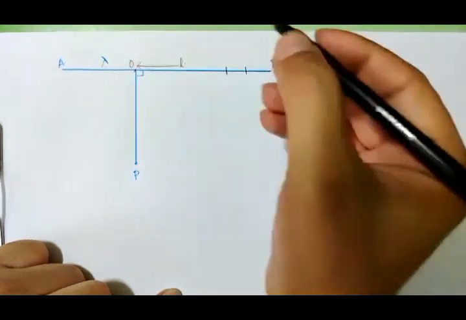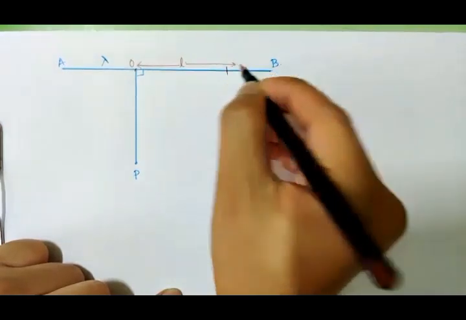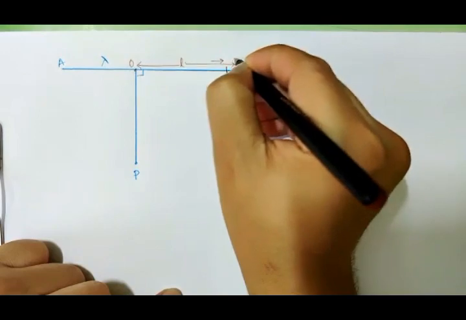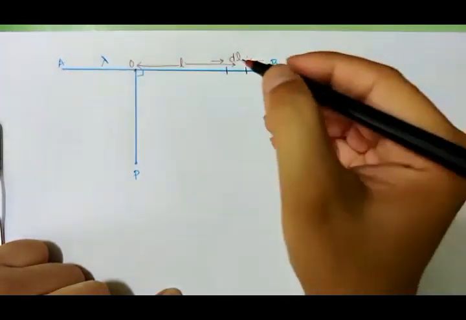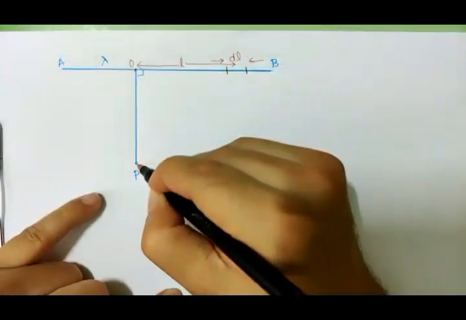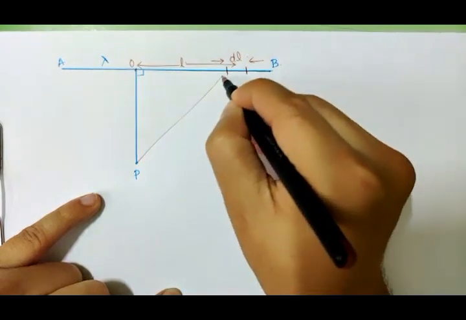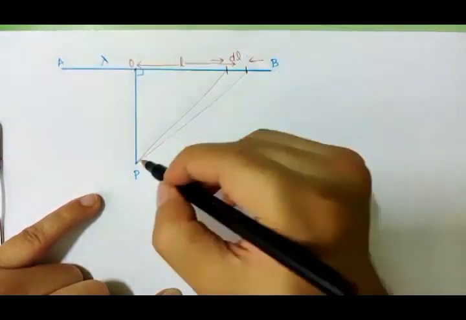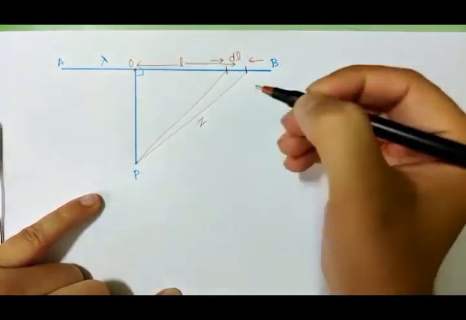We'll call this point O. The length of this section, I've taken it to be equal to dl. And then I'll join this. The distance of this section from the point P, I've taken it to be z.